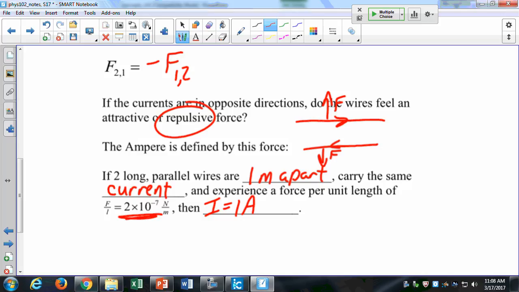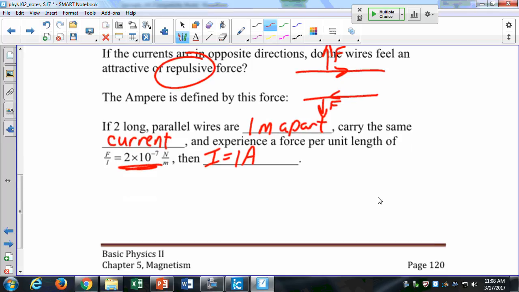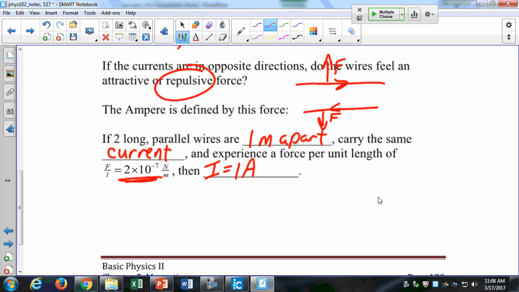That's the standard for 1 amp, or how we define the unit for current, the ampere. So these are important because these forces come up in some things, and we'll look at one application of this, but they come up here because we define the ampere based on that.